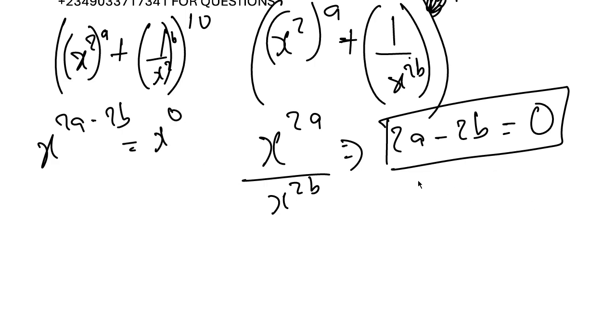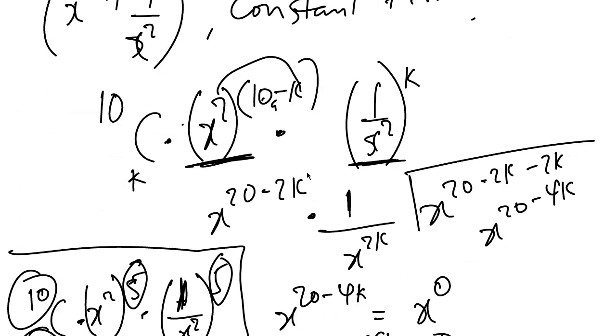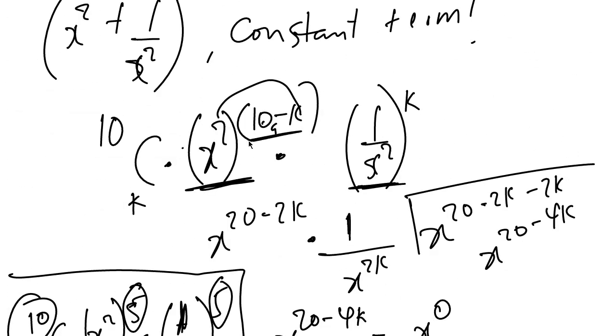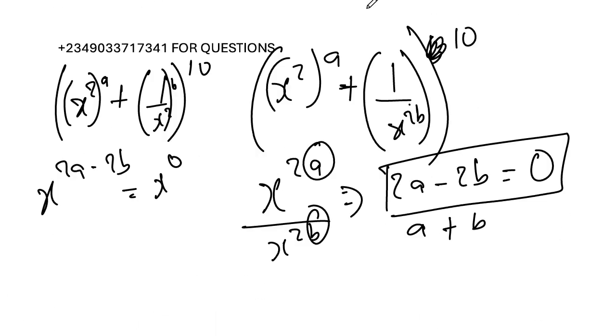And then the second equation will now be the sum of a and b. Remember that we raised this to 10 minus k, and we raised this one to k. 10 minus k plus k is what? Is 10. So that means a plus b should be equal to 10.